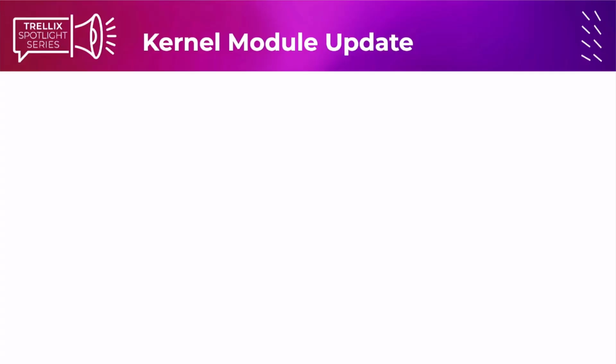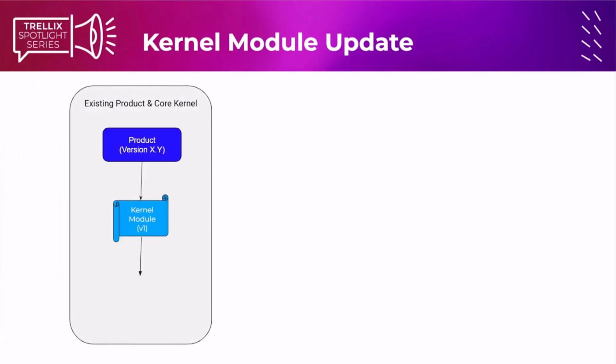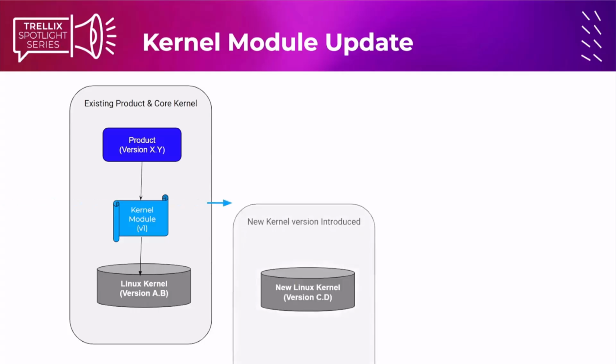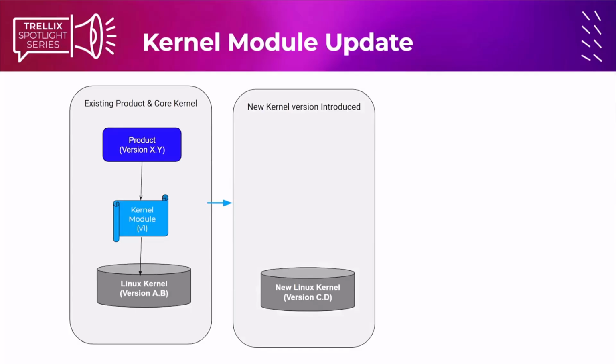For example, let's consider a Linux system with the product version x.y and kernel module version 1 loaded on a Linux kernel version a.p and running successfully. Now, if we upgrade the Linux kernel to a newer version c.d, there is a probability that the kernel module version 1 may not be compatible with the newer version and it will not be loaded.